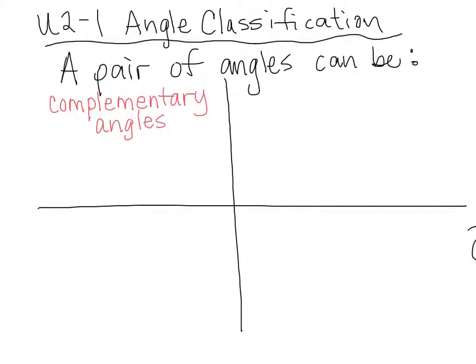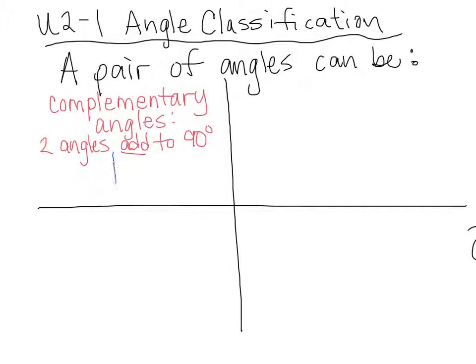They complement one another. Now, the definition of complementary angles is that the 2 angles add up to 90 degrees. All right, so the 2 angles add to 90 degrees. Let's draw a quick example of this.